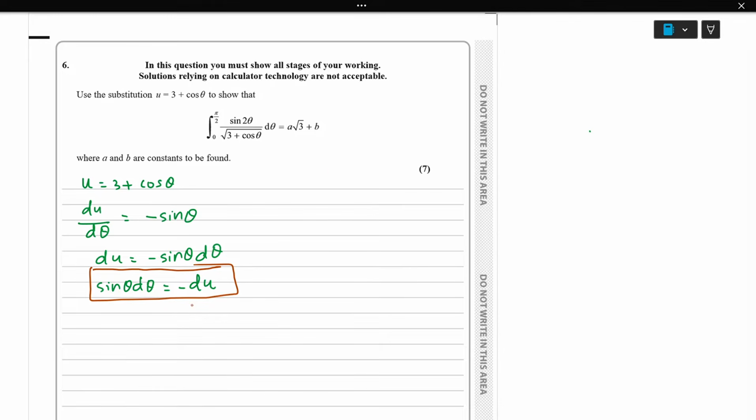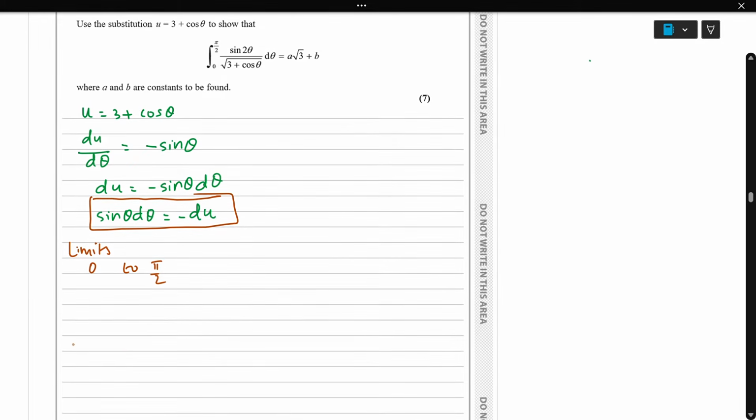The next part is we'll check the limits. The limit is given as 0 to pi by 2.